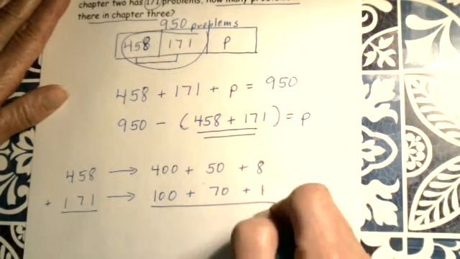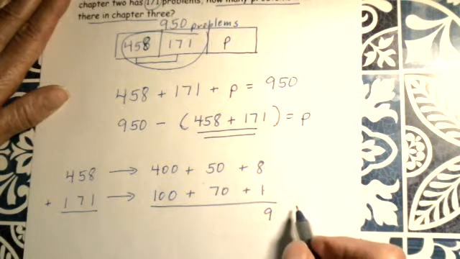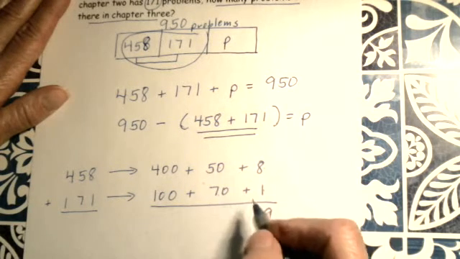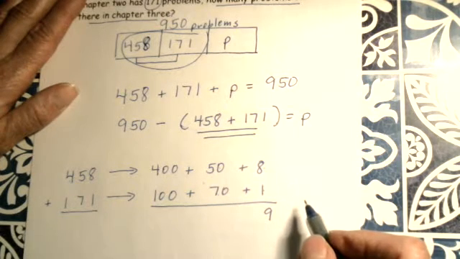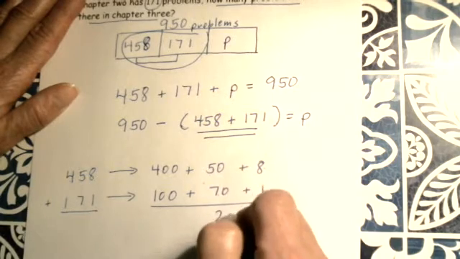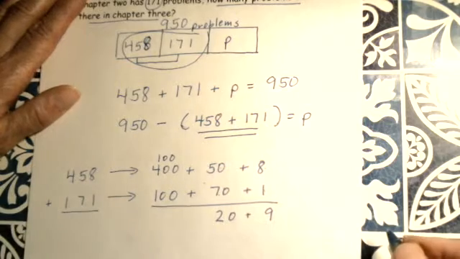8 plus 1 is 9. 50 plus 70, well, 5 and 7 is 12, so 50 plus 70 is 120. The 20 goes in the tens place. The 100 goes in the hundreds.